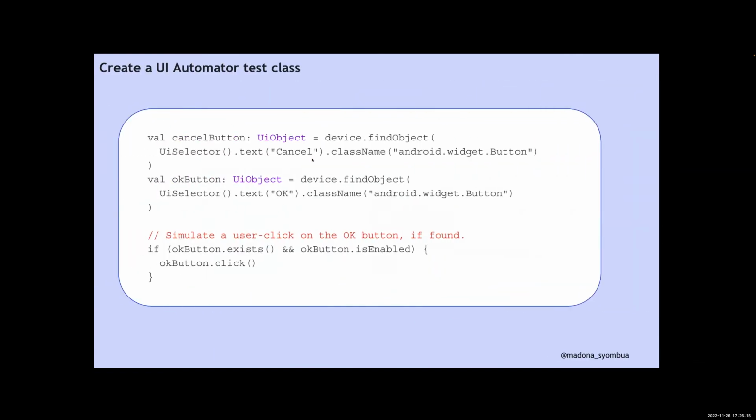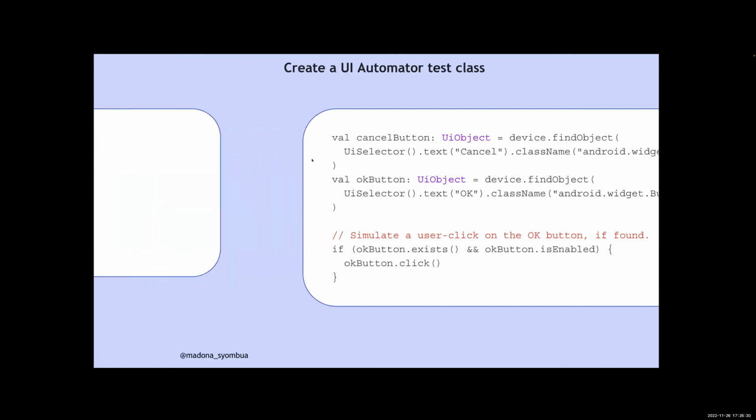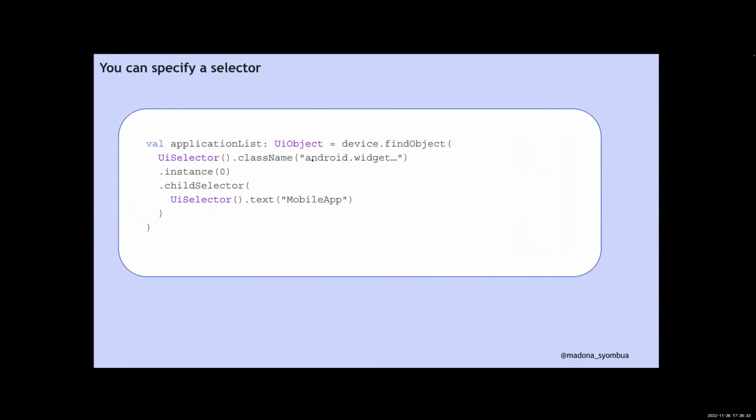But as you can see there, we can simulate a simple functionality, like performing a cancel button check, or a menu check, or a switch check. And the most important thing I wanted to showcase is how you set up. The way we set up the other one for Espresso, you can set it up here like this, where you have a UI selector.